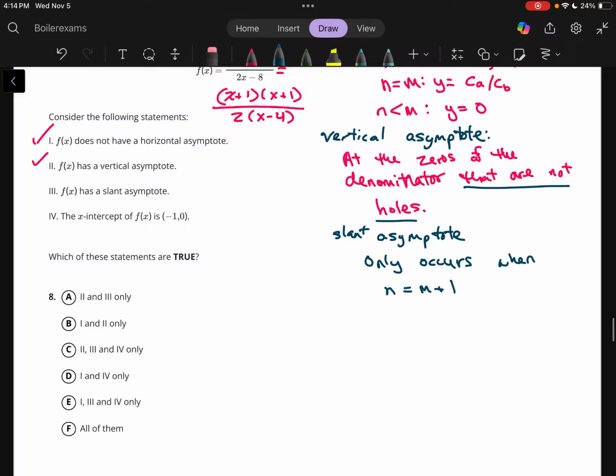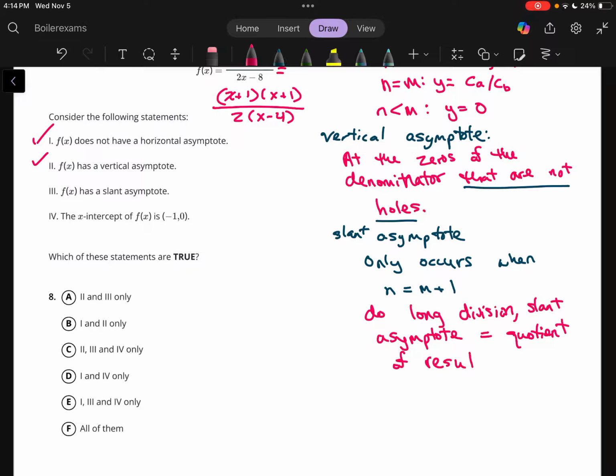And the procedure for that is you do long division, and then the slant asymptote is equal to the quotient of the result. Okay?